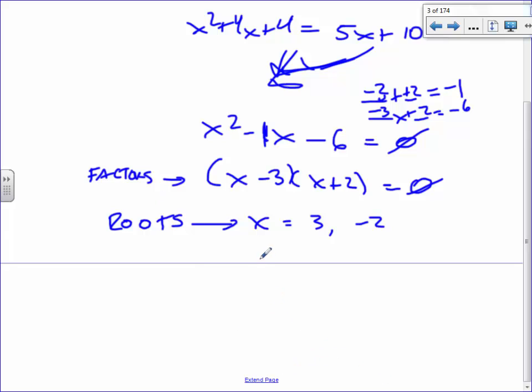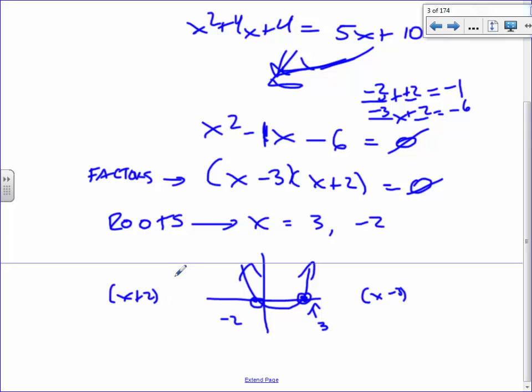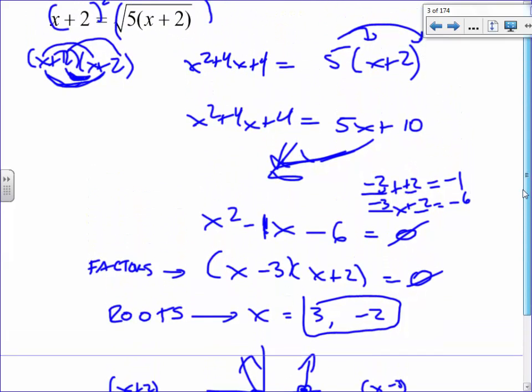Remember when we did graphing stuff, if you had a quadratic graph, if this guy right here was an x-intercept or a root of 3, it meant that the factor for it was x minus 3. And over here, if you had a root or an x-intercept of -2, it meant the factor was x plus 2. You guys recall that? So there's 2 x's. Except, I'm hoping this is the case, because you know how you thought we could cancel something out? There might be something funky about this one when we actually check our work.